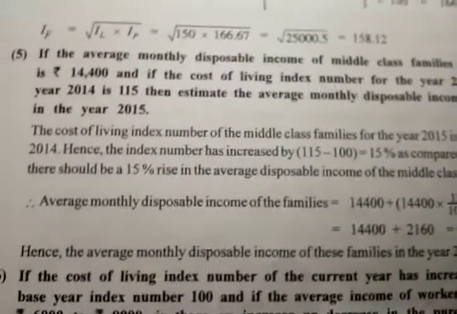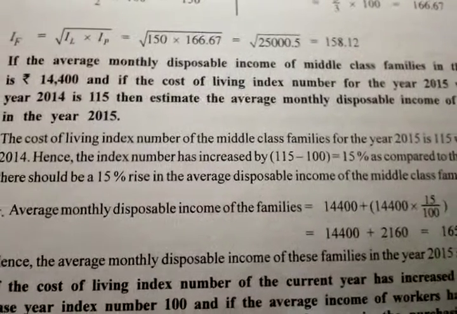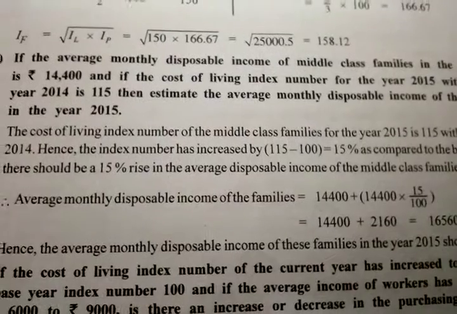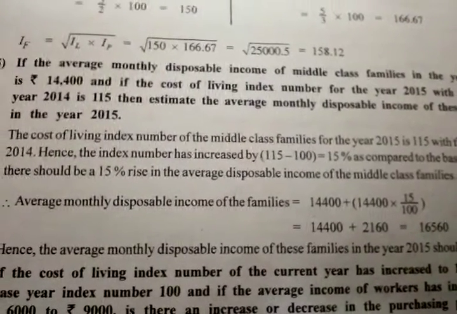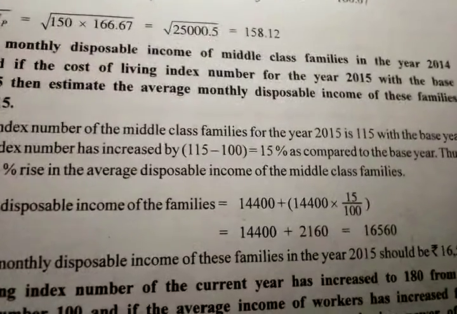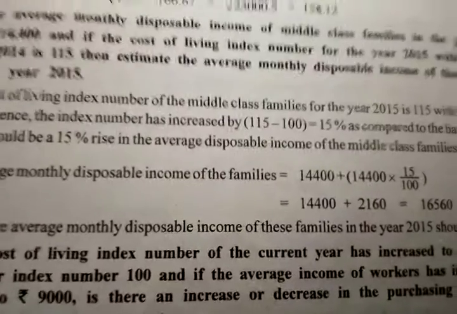That is the implication here. So we know that the cost of living index number for 2015 with the base year 2014 is 115. That means 2014 is 100, so that has become 115 in the next year. That means 15% is the increase, and therefore the monthly disbursement also should increase accordingly.